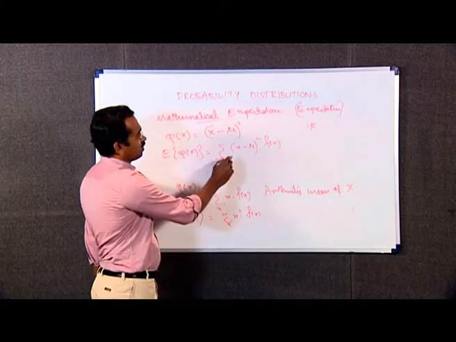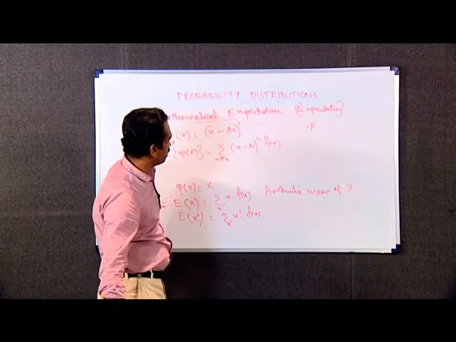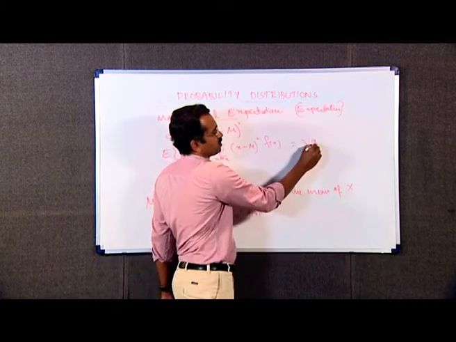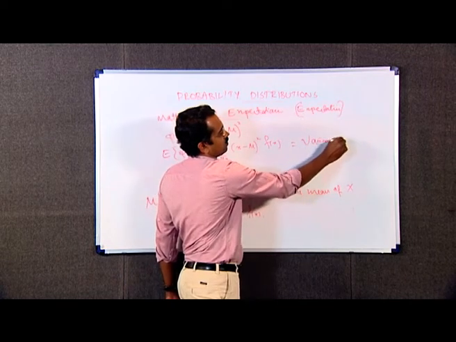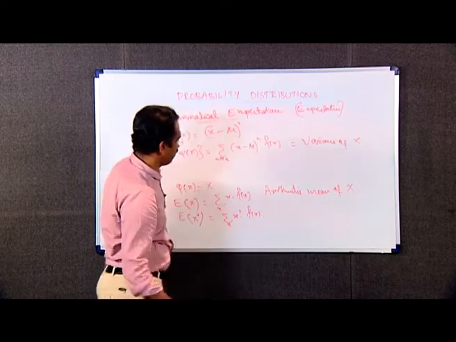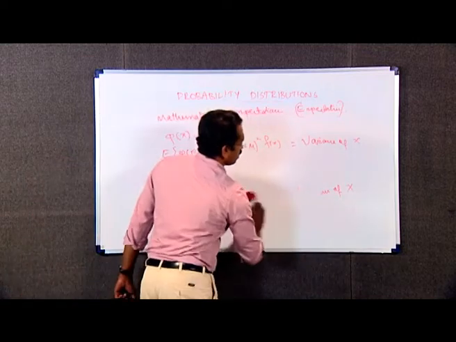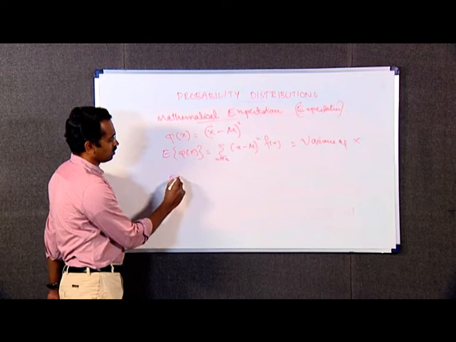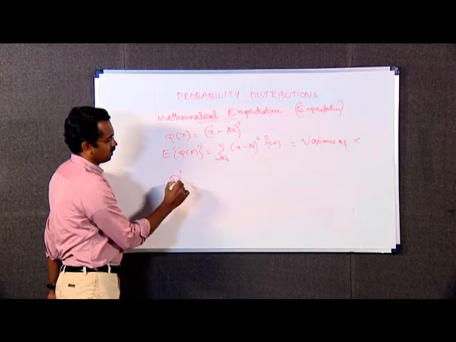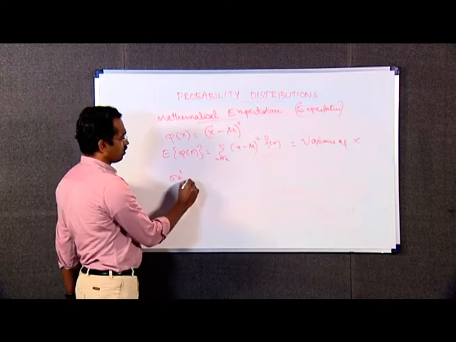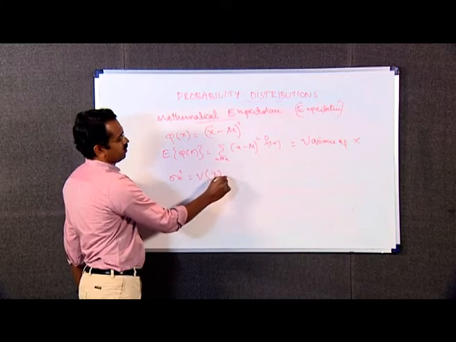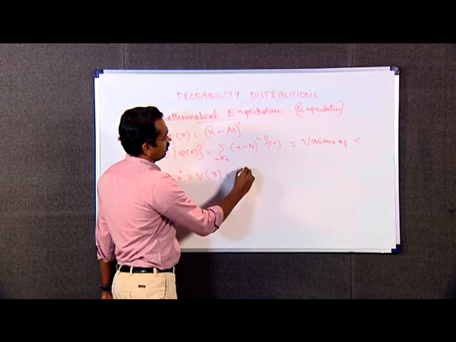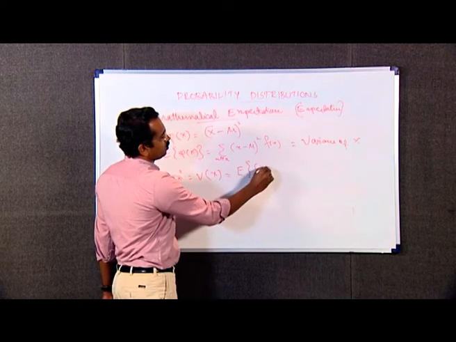This is known as the variance of x. The notation for variance of X is sigma square x or V(x), which is the expectation of (x minus mu) the whole square.